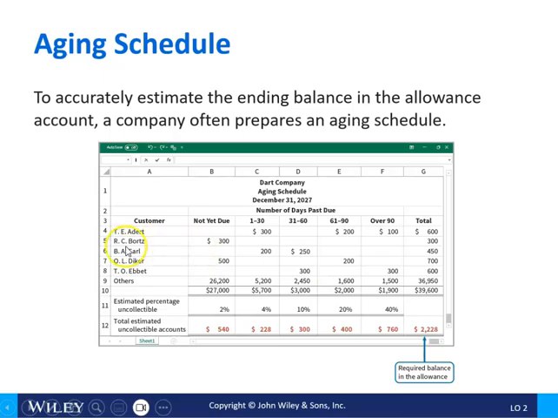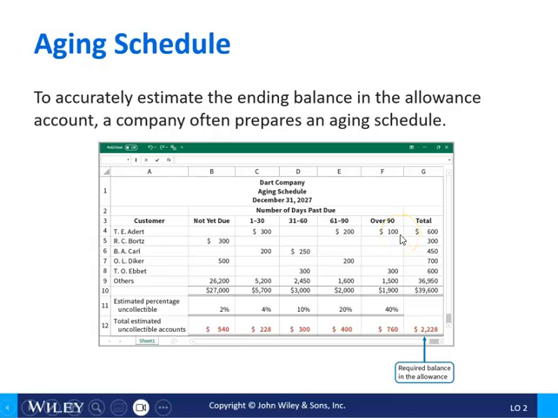So if we look at the second one on row 5 here, $300 total is owed and it's not due yet. If we look at this first one, row 4, we have $600 due. $300 is between 1 and 30 days past due. 0 is between 31 and 60. $200 is between 61 and 90. And $100 is over 90 days old.